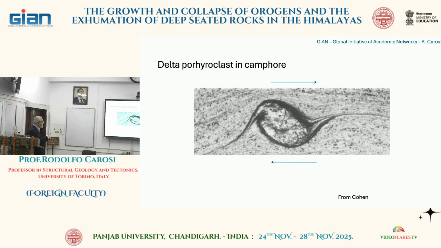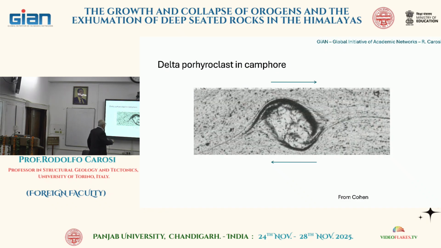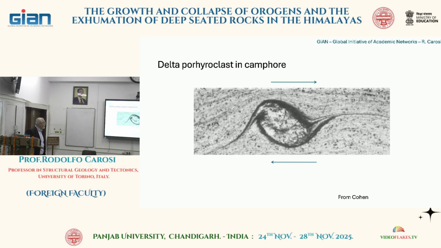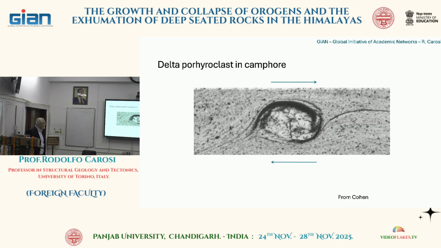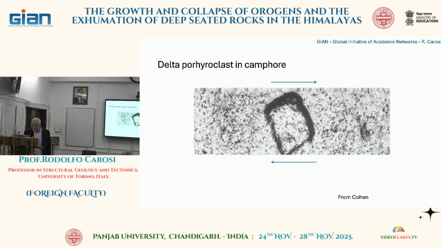And you can see here the rotation of the porphyroclast, continuous rotation, and the development of these thin delta type tails. Okay. You can see again. It is a good example.